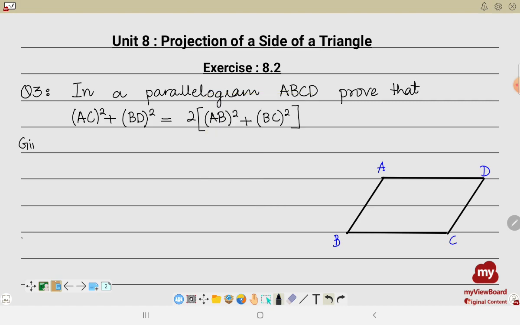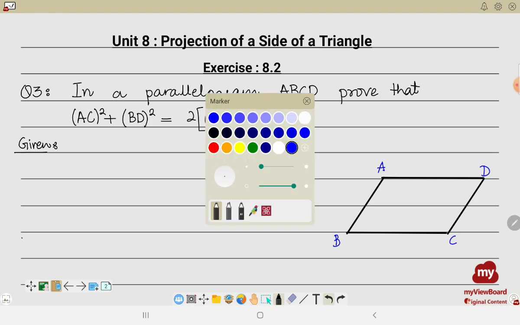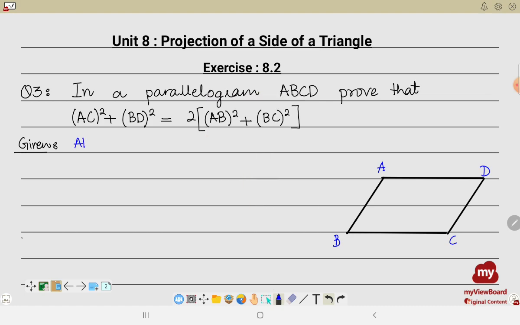So what is given to us? Given is ABCD is a parallelogram, and opposite sides of a parallelogram are equal and parallel.